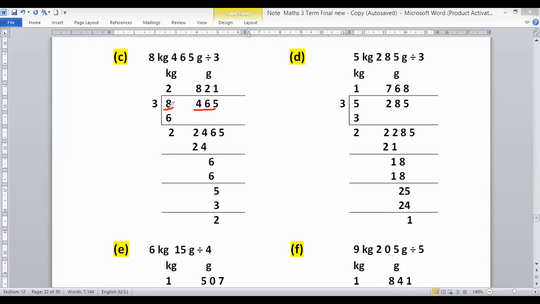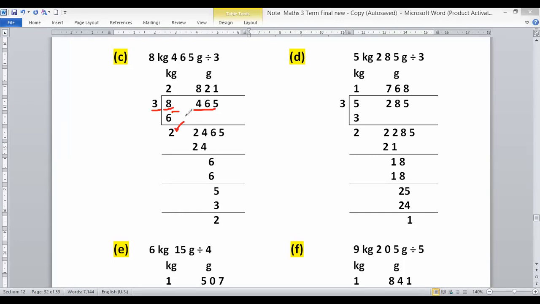And after that, we start division from 8 first. So 8 divided by 3. First of all, we count the table of 3. 3 twos are 6. 8 minus 6, remainder is 2. It means here we have 2 kg.